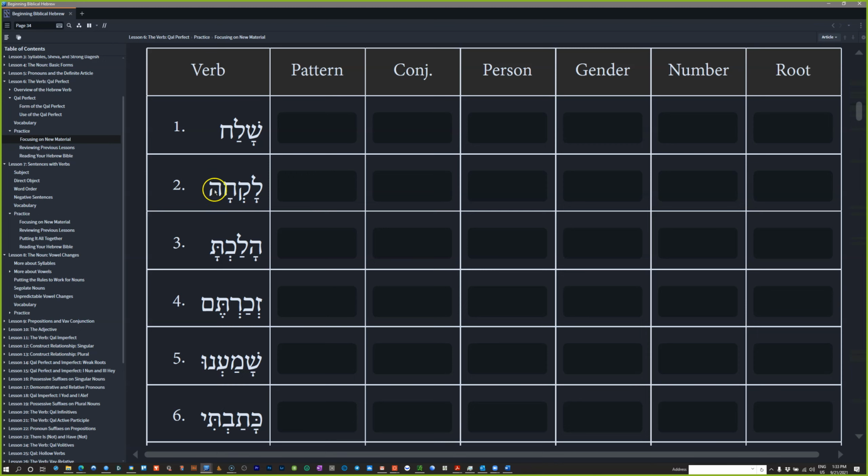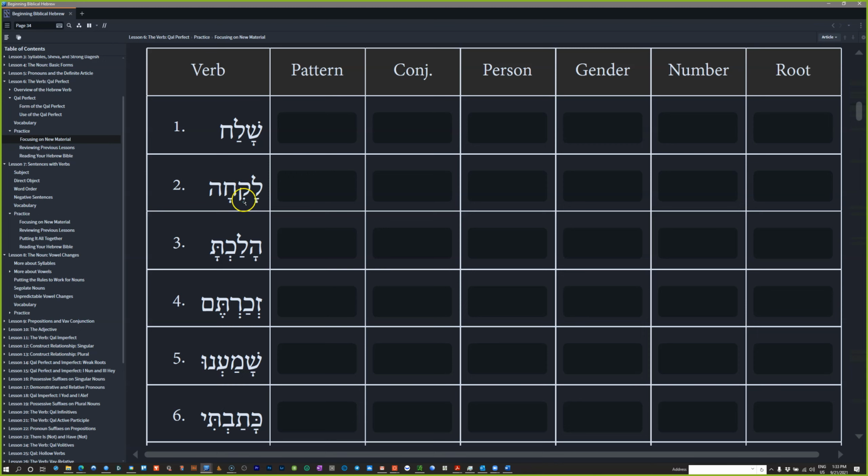So kametz hey here is a vowel suffix. And because it's a vowel, you can reduce what I call the R2 vowel, which means the second root vowel. R stands for root, 2 stands for second. The second root letter is kof. The second root vowel is the shava here.